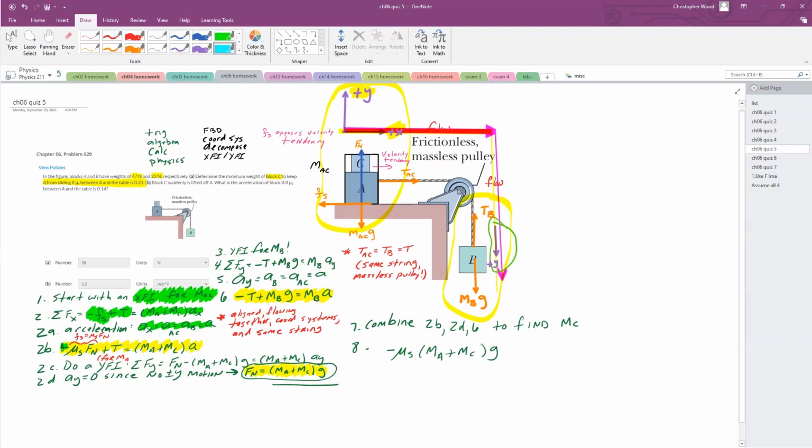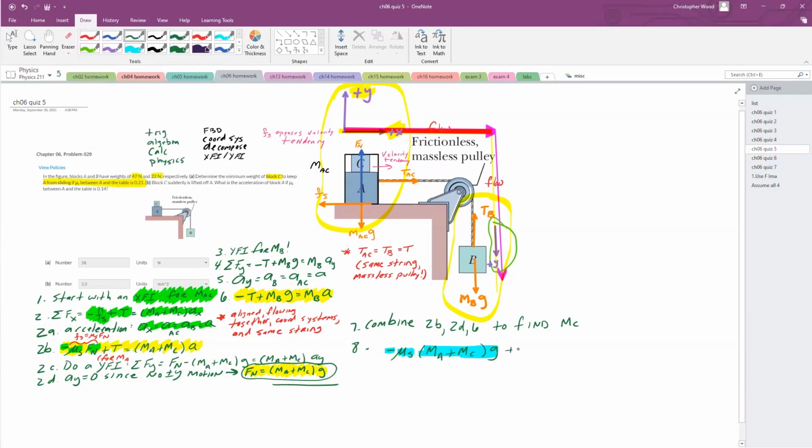There's negative mu S Fn. This is negative mu S, and this indeed is Fn right here, plus T. Let's keep going with number 2B.